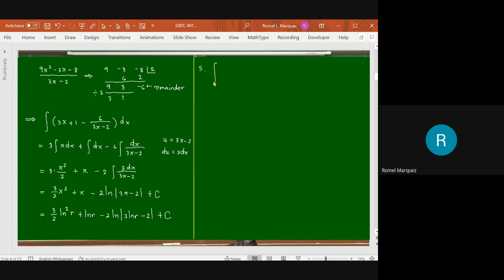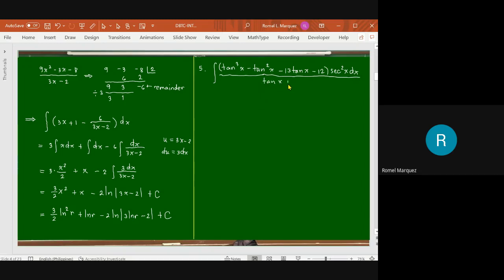So we have tangent cubed x minus tangent squared x, then minus 13 tangent x minus 12, multiplied by secant squared x dx, all over tangent x plus 2.